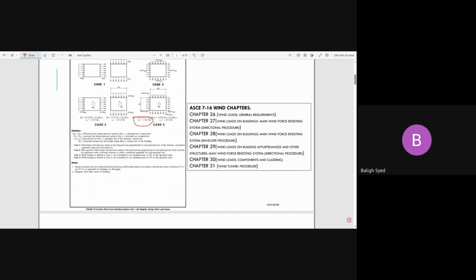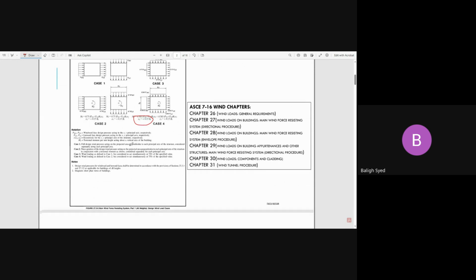That torsion loading comes primarily from one main reason: the natural eccentricity in the system because of the offsetting of CR from the CM. On top of that, the code makes you liable to add the accidental eccentricity to the natural eccentricity of the system.